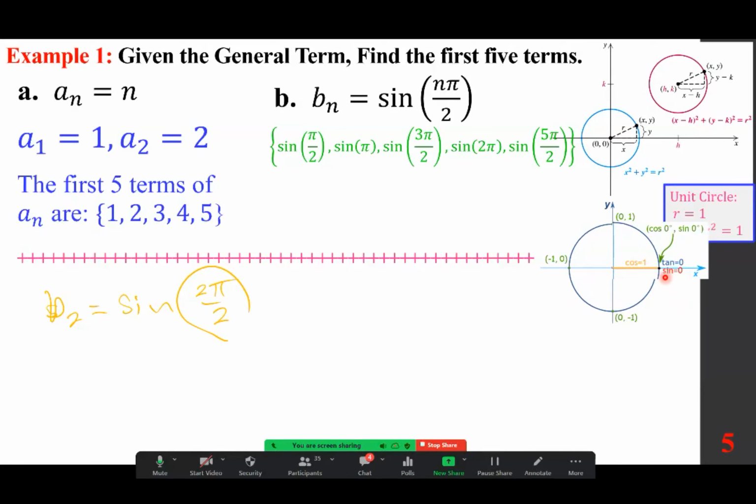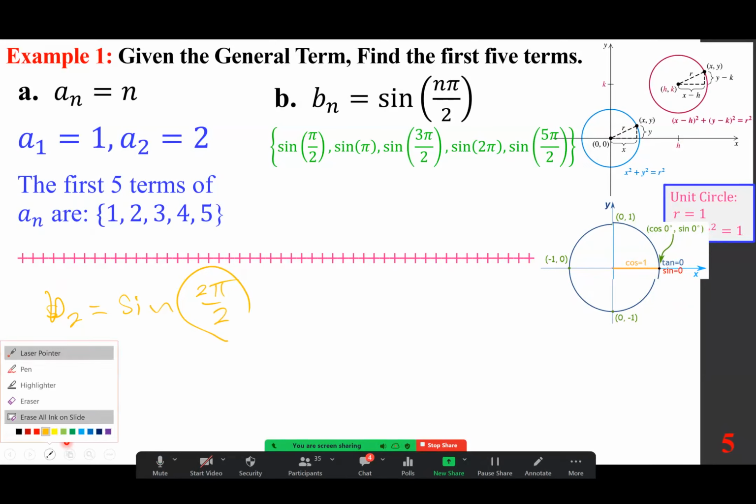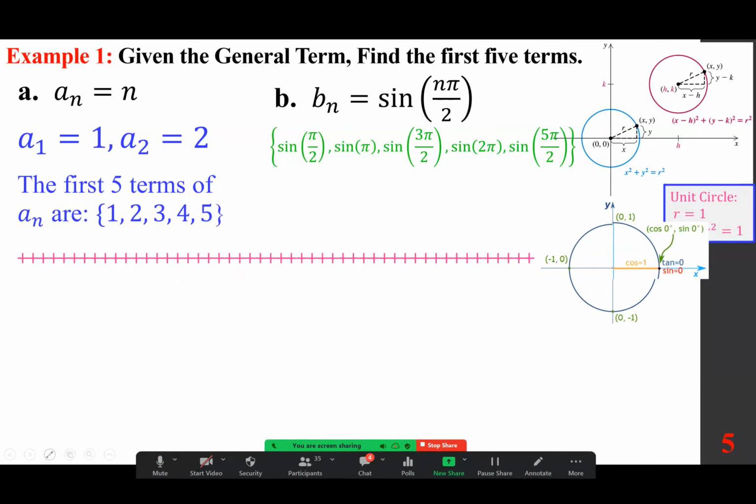Remember, this location is 1, 0, right, class? Sine of 0 is 0. Cosine of 0 is 1.